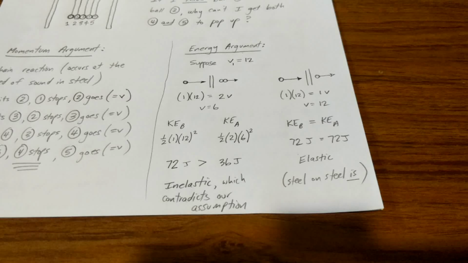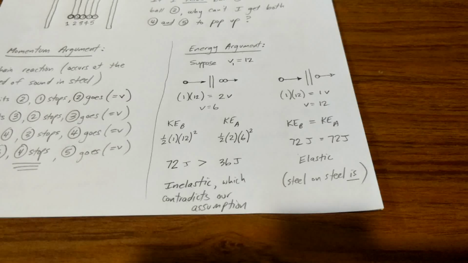Now I'd like to make an energy argument as to why balls 4 and 5 can't take off if ball 1 hits the stack of these steel balls in Newton's cradle. Let's suppose, for our purposes, that the speed of ball 1 when it's about to hit the stack of them is 12. The units are arbitrary, they don't matter, so we'll just say the speed is 12.